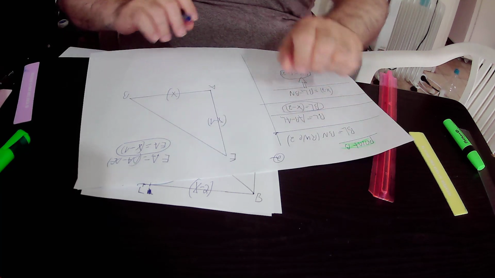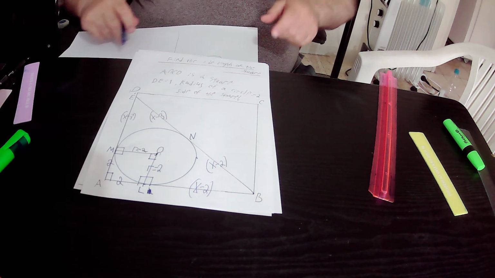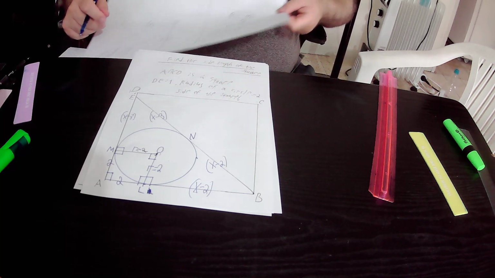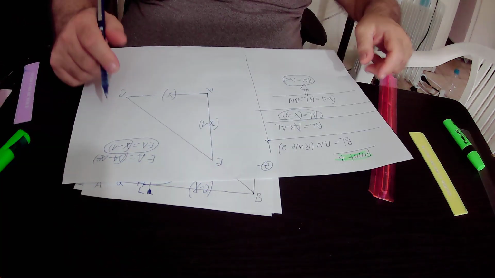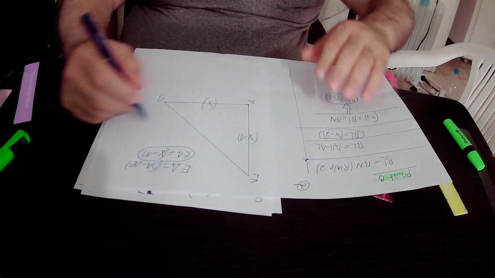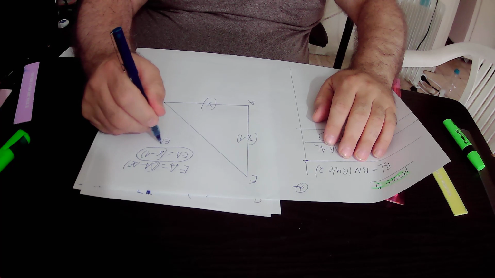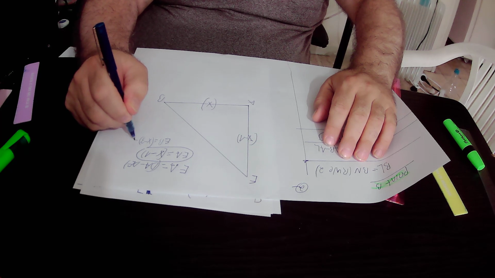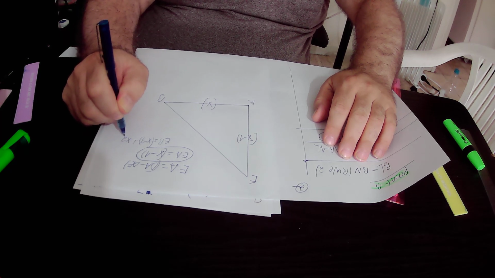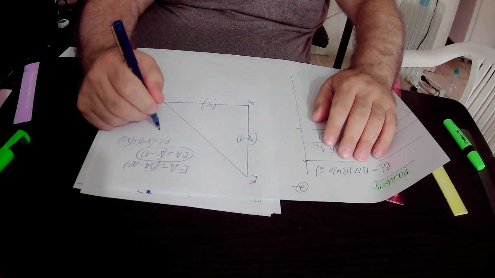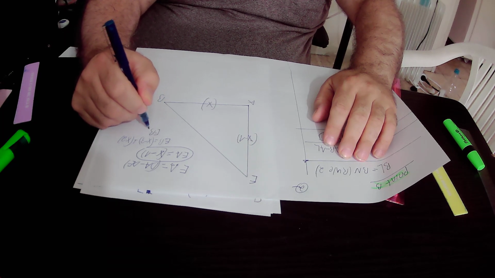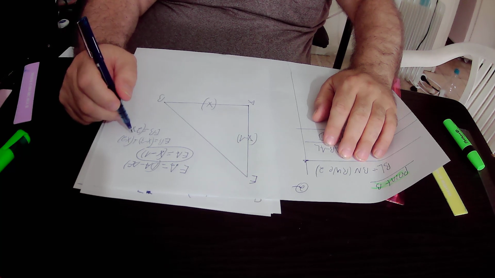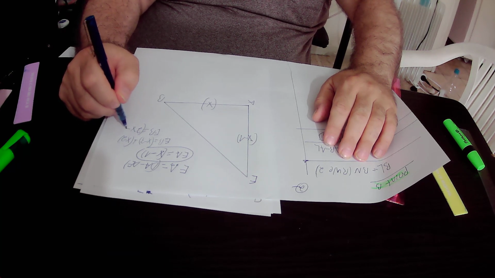And what is the length of the hypotenuse EB? The hypotenuse EB equals x minus 3 plus x minus 2. So EB equals x plus x is 2x, and minus 3 plus minus 2 is minus 5.